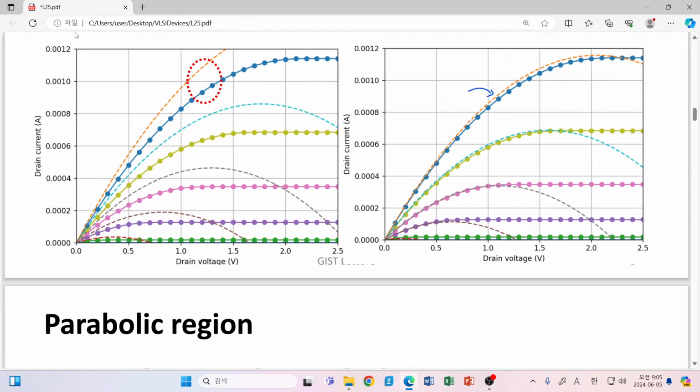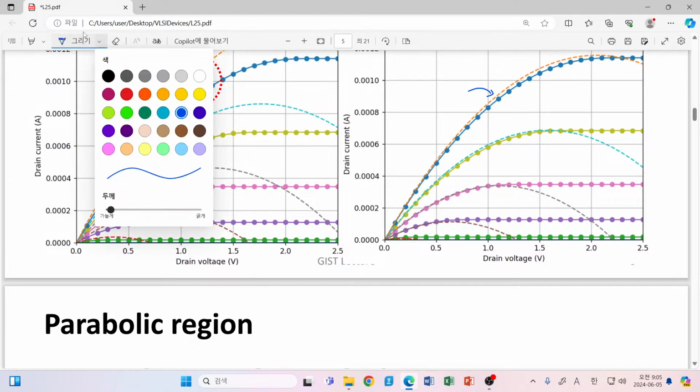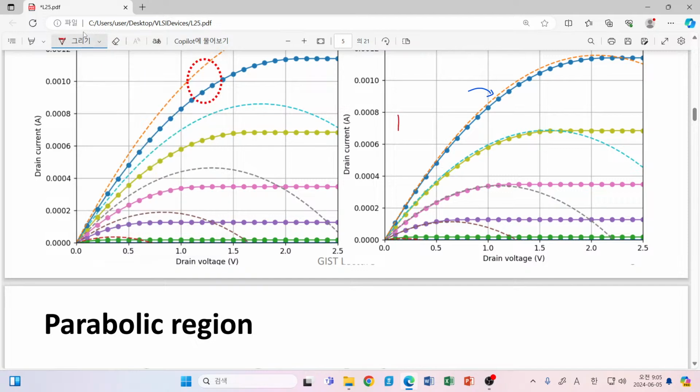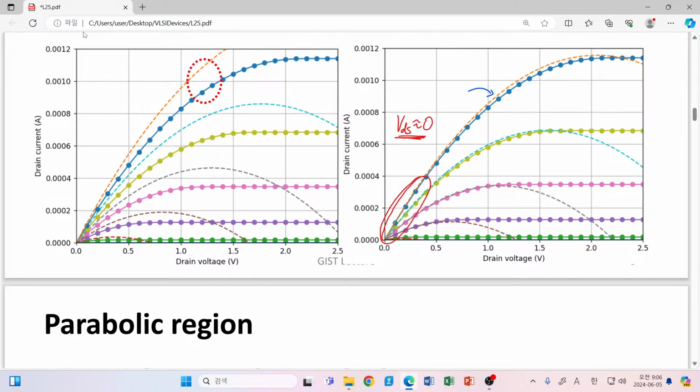And you can see that up to now in our previous course we made an assumption that VDS is quite small or almost equal to 0. So the thing we have studied up to now is just limited to this.